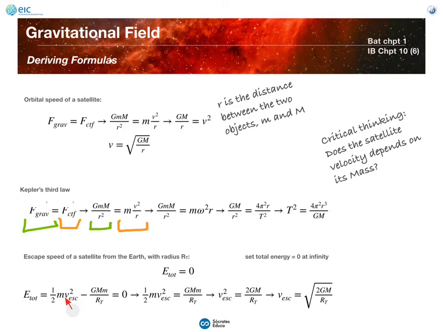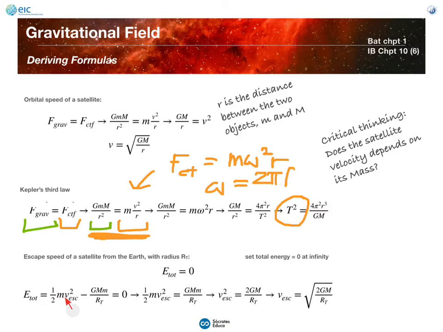Now, if we want to find an expression for T, we need to rearrange these two formulas using something with T, the period. Recall that for the centripetal force, we've got another expression: F centripetal is equal to m omega squared times r, where omega is the angular velocity, and omega is equal to 2 pi f, where f is the frequency.